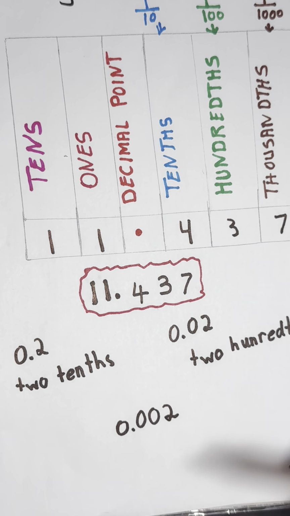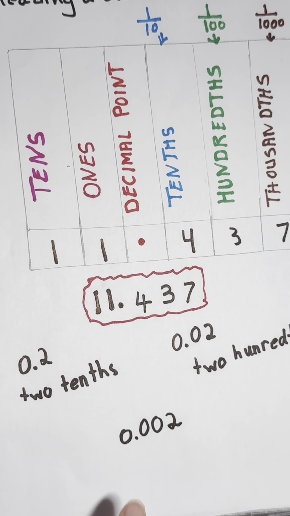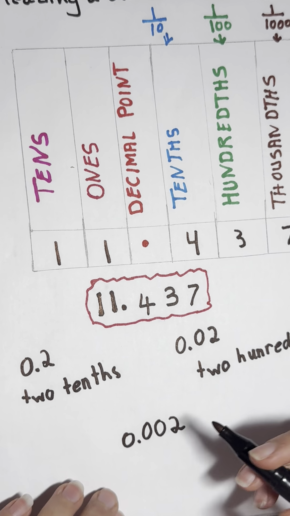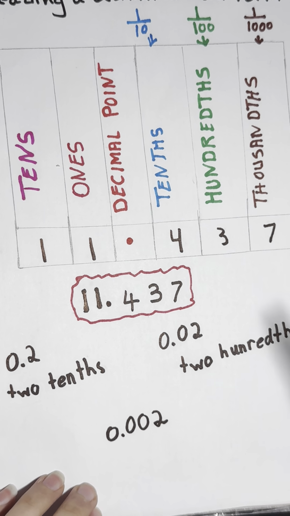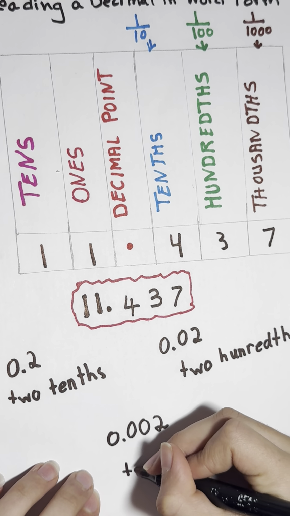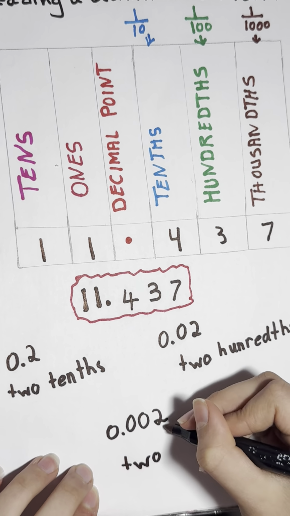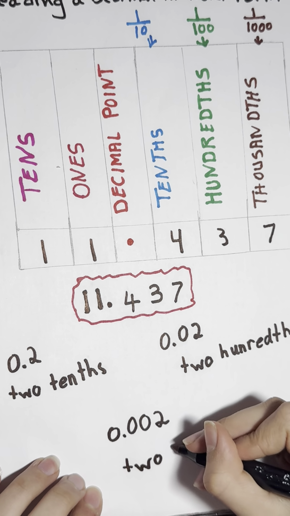So, let's see. This would actually be called the thousandths because it's just like here where the 7 was. So we'll write that down as 2. Once again, the 2. And what place is the 2 in? The thousandths.